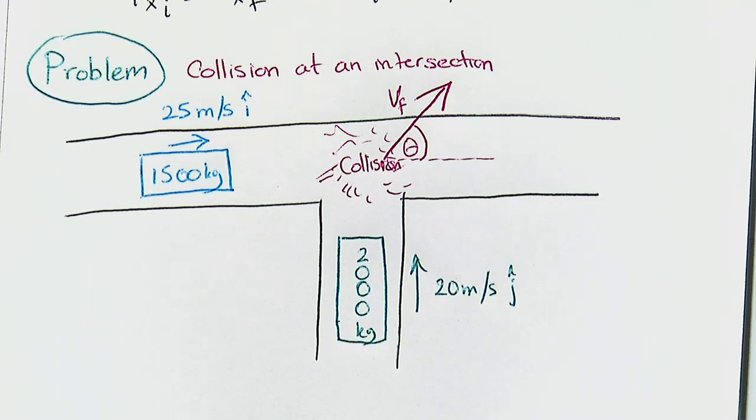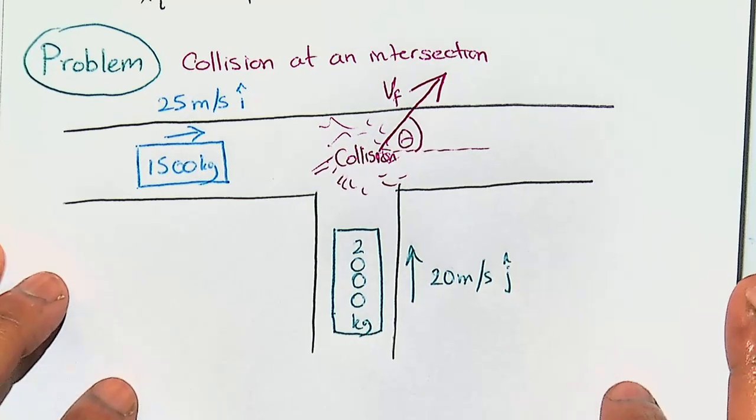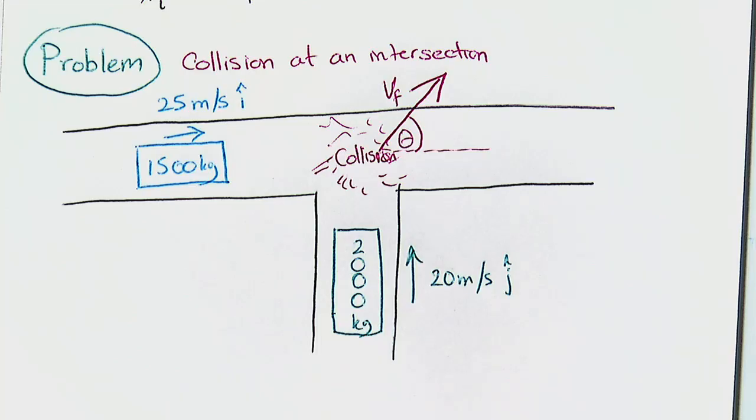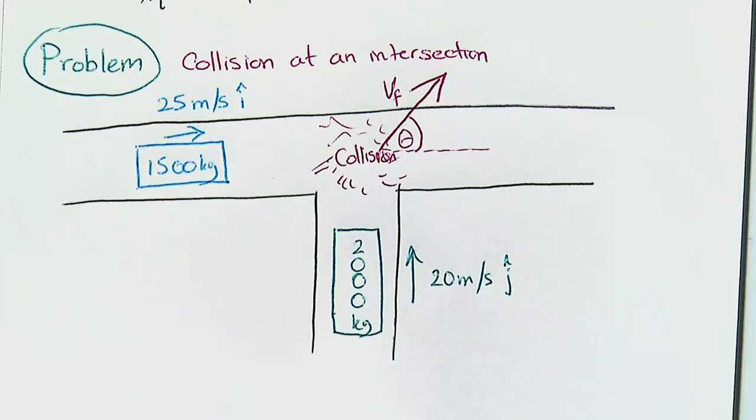After the collision, where is this pile of cars, right? So the cars that have collided together, that pile of the two cars, where is it actually traveling to? So it's traveling in a certain direction. Based on the initial, can we figure out what happens at the end, right?